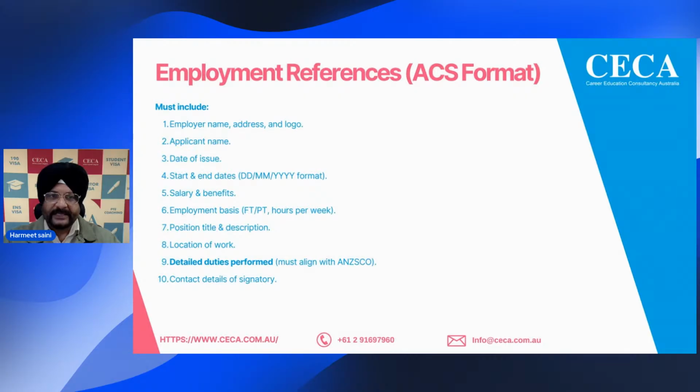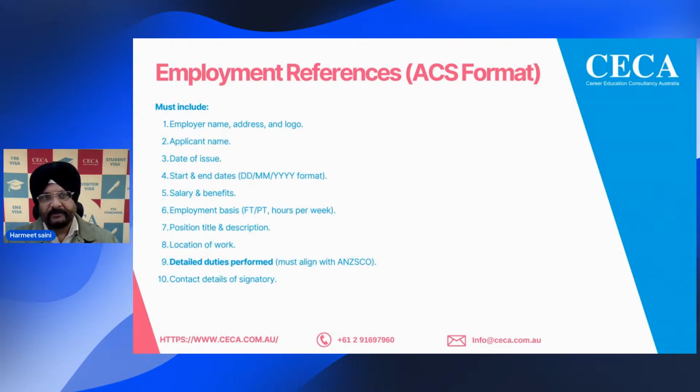There must be exact start and end dates. For example, if you started on the 7th of March 2020, the date must be the 7th of March 2020, not just March 2020. So exact start and end dates must be reflected on the employment reference letter.